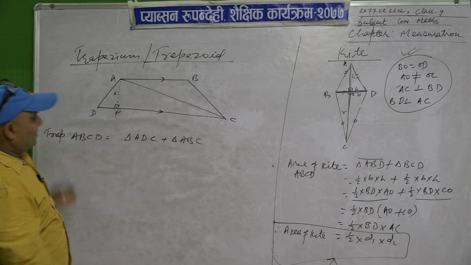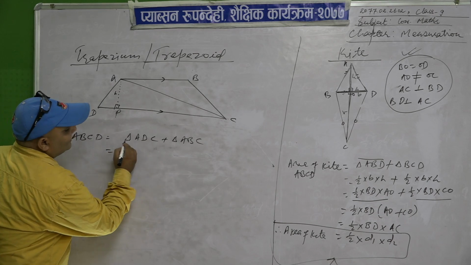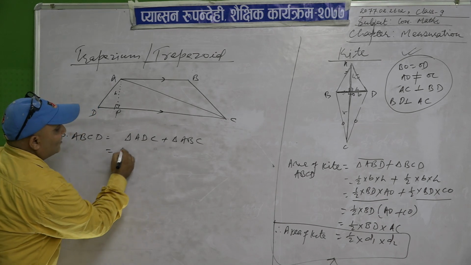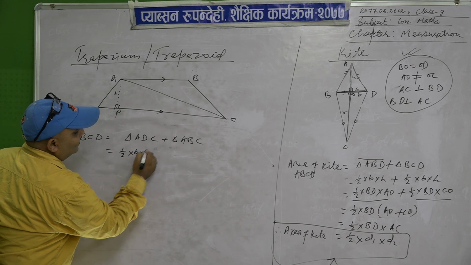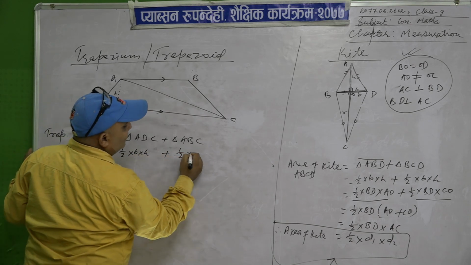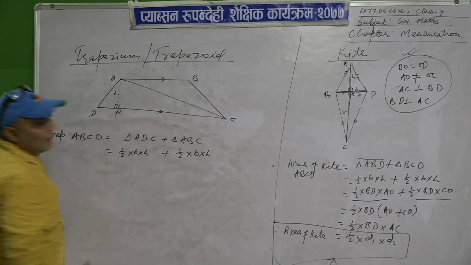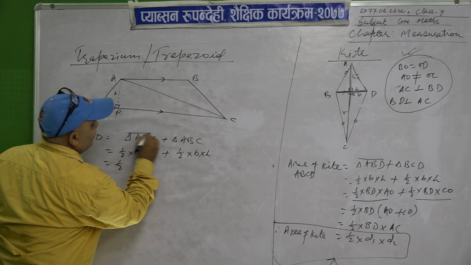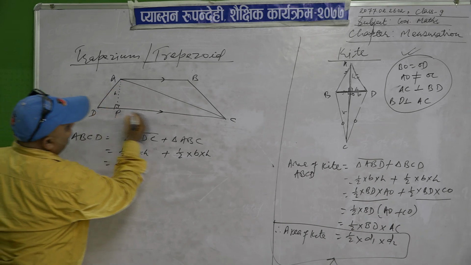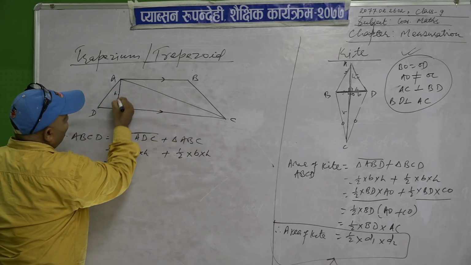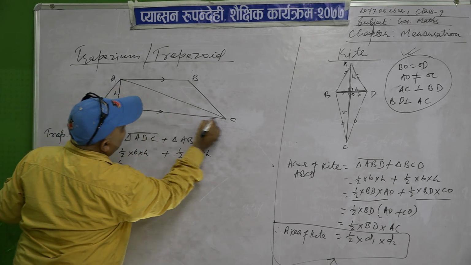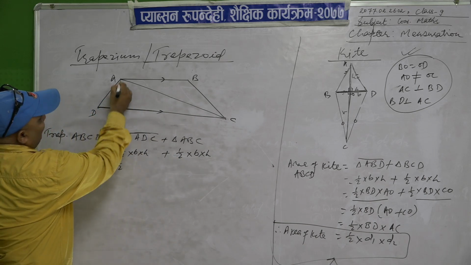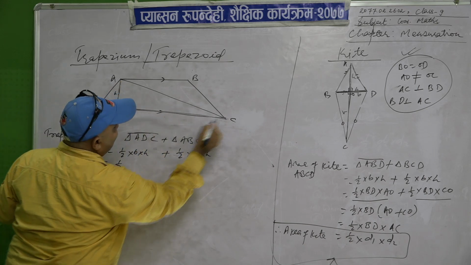Now come to one. What is the area formula of a triangle? 1 by 2 base into height. Here also, 1 by 2 into base into height, in triangle ADC and in triangle ABC. If AP is the height, then DC is the base.